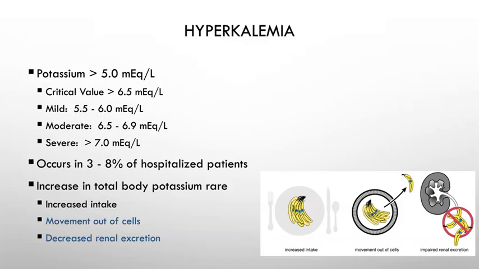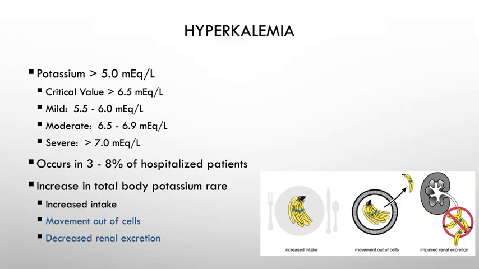If the kidneys are working properly, they can generally compensate for any additional potassium load in the body. Hyperkalemia can be further classified as mild, moderate, or severe with the ranges listed there. Anything above 6.5 milliequivalents per liter is generally a critical value and needs to be addressed relatively soon.